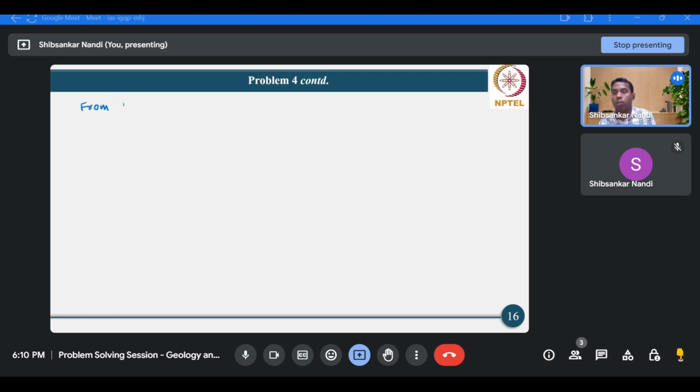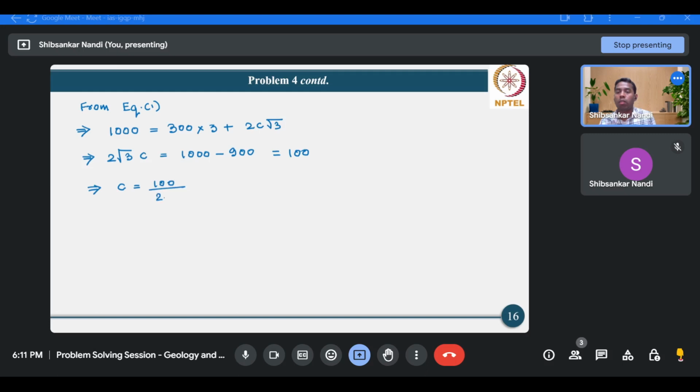For example, from equation 1 we can write 1000 equals 300 into 3 plus 2C root 3, or 2 root 3C would be 1000 minus 900, that is 100, or C equals 100 by 2 root 3, or C equals 28.87. Okay, so this is the answer.